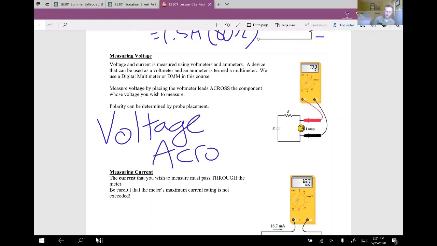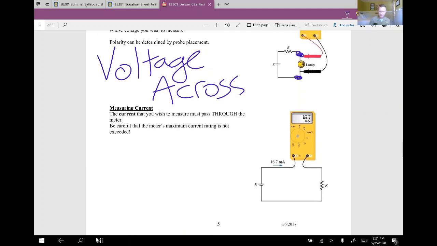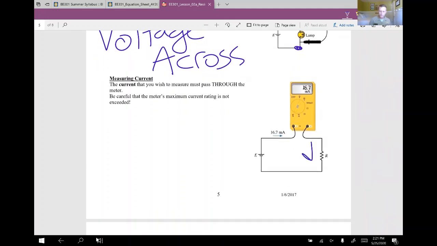We don't say the voltage through something. It's a potential difference. So the voltage across this lamp in the circuit is across from here to here. Whereas if we were to measure the current going through it, we would have to put this current meter inside the circuit as well. But the current that's going to flow through this resistor is the same that's flowing through this machine, if you will, the digital multimeter.